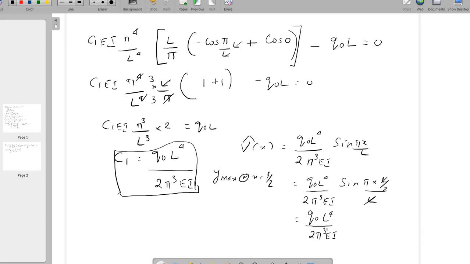If you substitute the value of pi and multiply by 2, we get some constant in the denominator, so that we can compare each method of weighted residual. So this is Y max. In the previous problem we got one value in the denominator. Here it is 62.01. So for each and every method we can compare the maximum deflection.